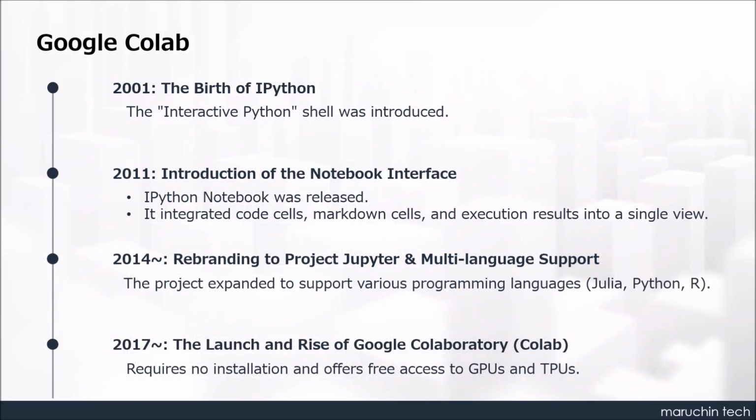Google Colab has been a widely used tool since 2017. Its main feature is its interactive development environment. By interactive, I mean that you can see the execution results of your programming code immediately. In traditional programming, you often have to write long scripts, compile them, and then check the results.